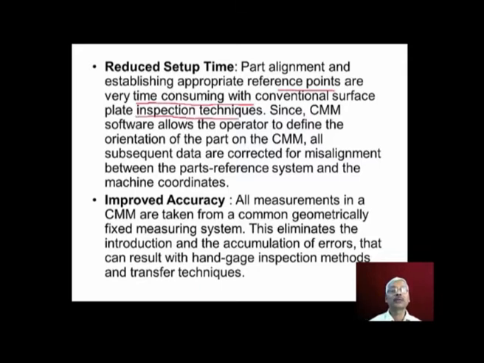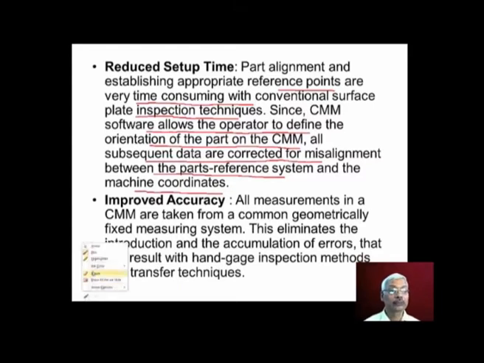Since coordinate measuring machine software allows the operator to define the orientation of the part on the machine, all subsequent data are corrected for misalignment between the part's reference system and the machine coordinates. Because of this, the setup time is reduced very much.